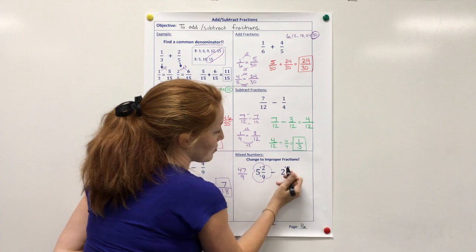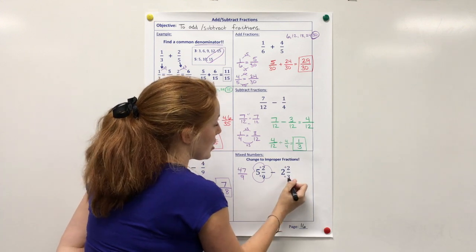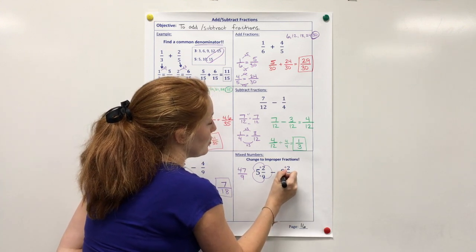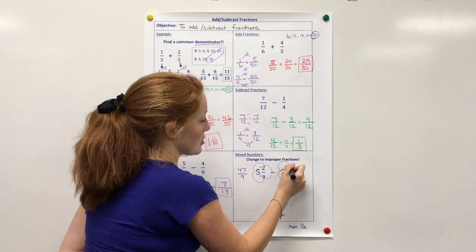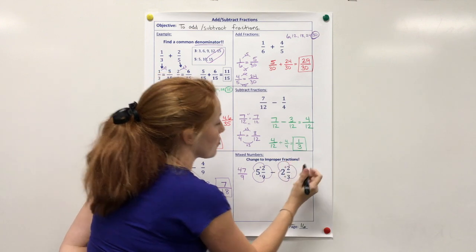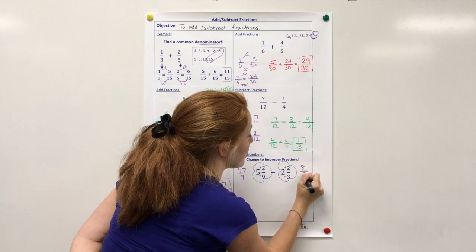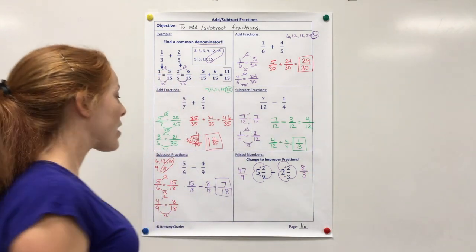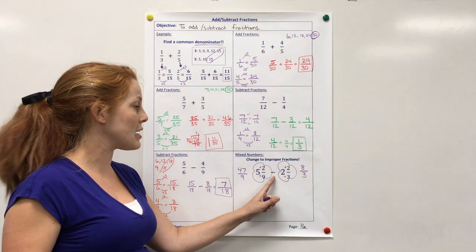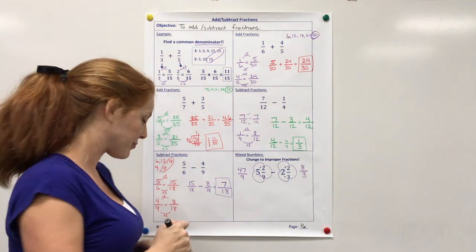Texas, remember, for adding and multiplying. 3 times 2, 6, plus 2, 8, over 3. Okay, so now I have 47/9 minus 8/3.